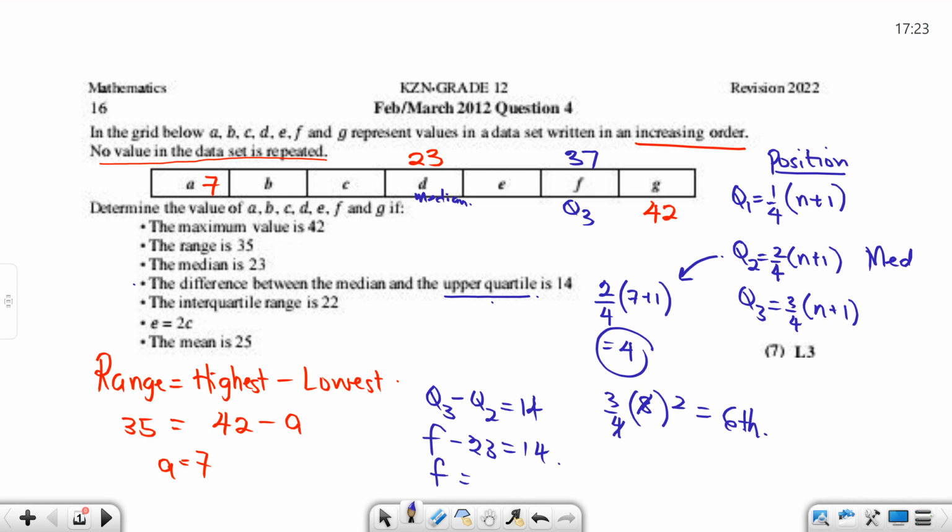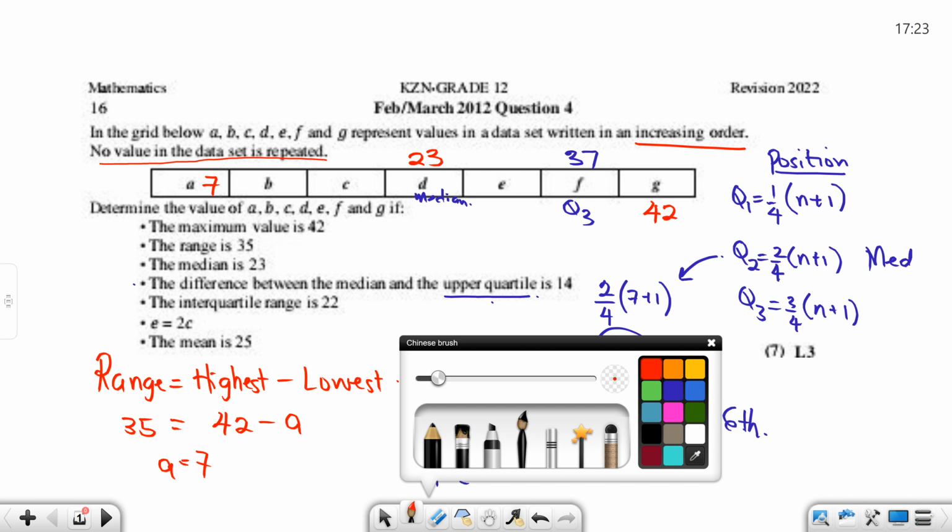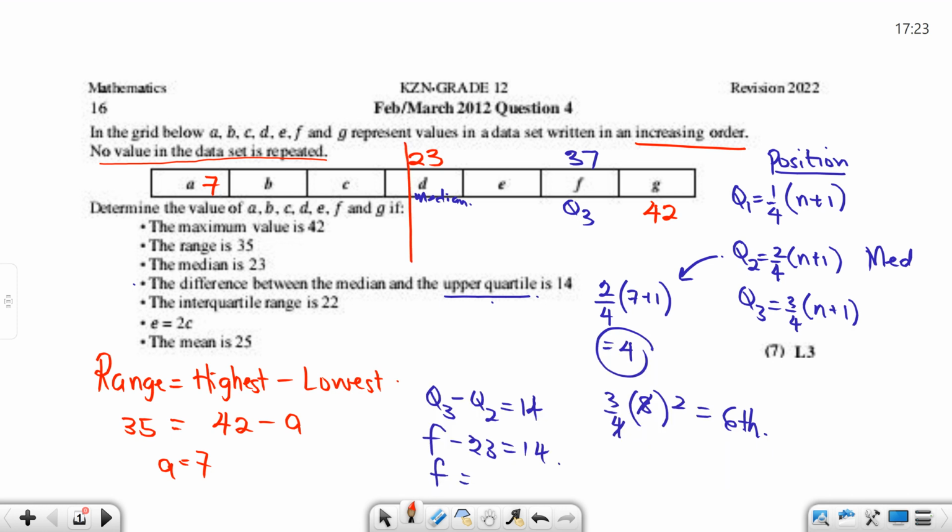I'm sure you quickly learned one or two things there, right? That the position can be calculated like that. And if you don't want to use that formula, let me show you what to do again. When we broke this down into 2, D was the halfway, right? Now, how many numbers do we have left on the upper part? 1, 2, 3.